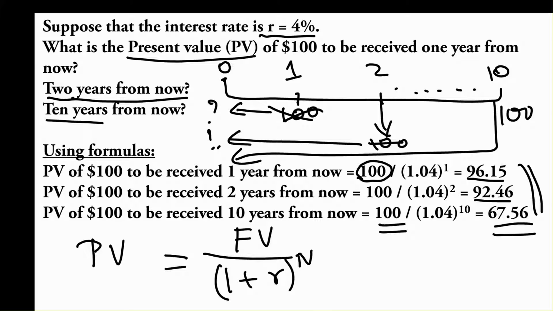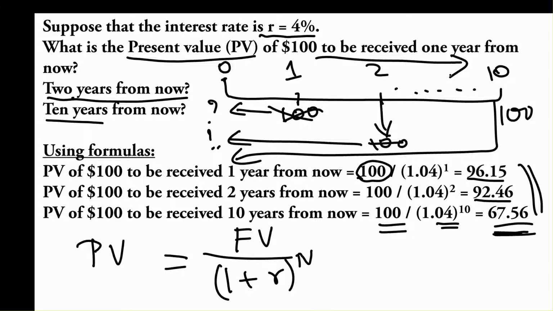The reason it's worth less and less is because you have the opportunity to invest in other investments at 4%. Every time you give up that opportunity, you're missing out on something, and that's the reason the value keeps going down as you move further in time.